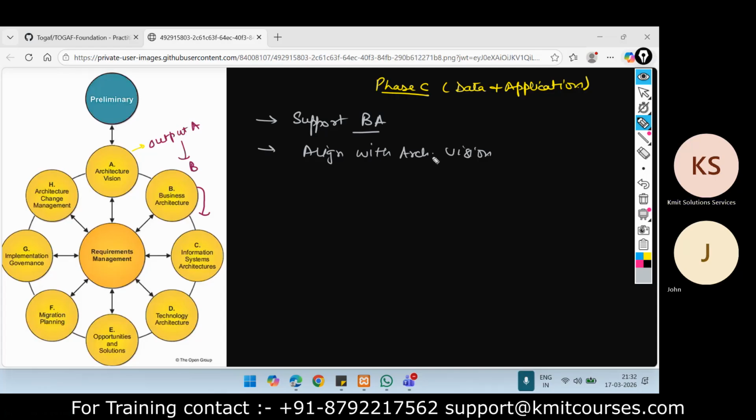Now, next, whenever you are defining this architecture, you need to make sure the stakeholder concerns and the statement of architecture work are addressed, right?